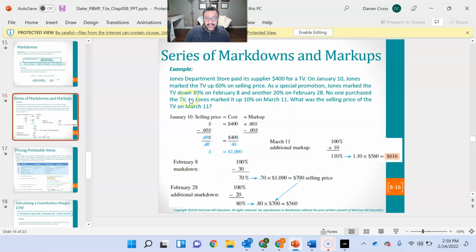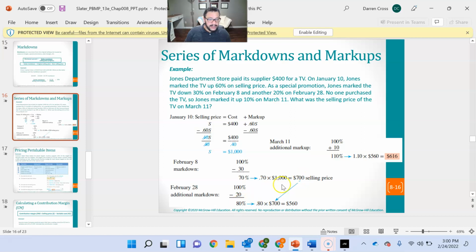So on February 8th, once they marked it down that 30%, the new price was $700. But then on February 28th, they marked it down another 20%, right? So the original price was $700, and they did the same thing. They said, well, $700 represents 100%, but we are going to subtract that 20%, the markdown, and we're left with 80%. And 80% of 700 is 560. So you could have said, what is 80% of this 700?